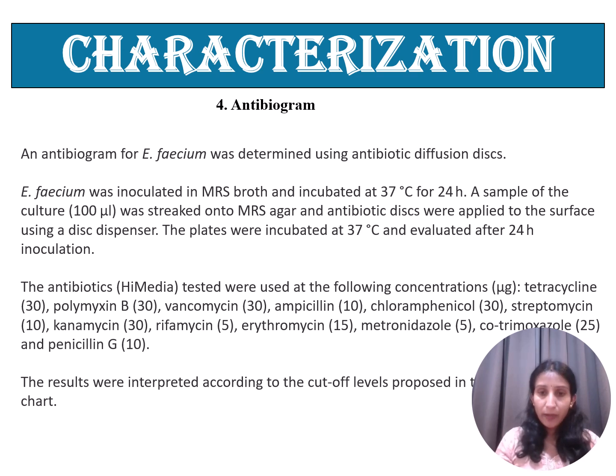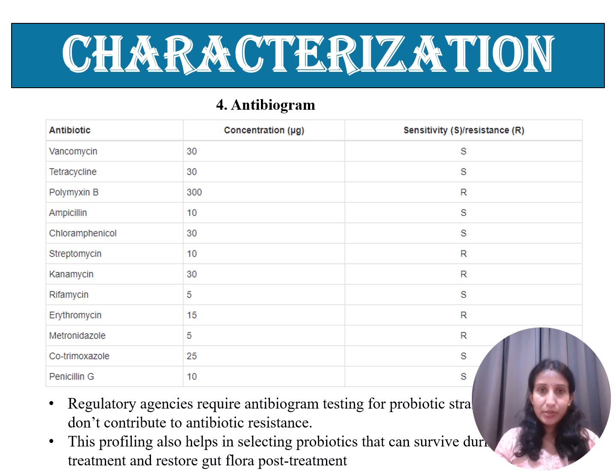Hence, antibiogram is also a type of characterization procedure which helps us to determine the susceptibility of your strain towards clinically relevant antibiotics. This slide shows the summary of the susceptibility of the bacterial strain which we used in our lab.